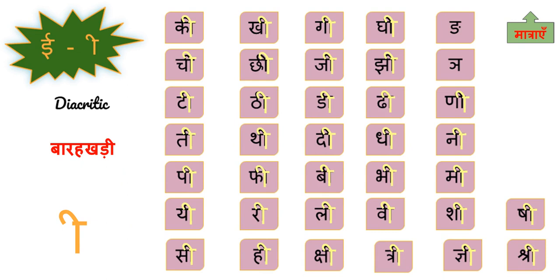And when this sound is pronounced, it will take 2 eye blink moments. K plus badi E ki matra की. ख में बड़ी ई की मात्रा खी. ग में बड़ी ई की मात्रा गी. घ में बड़ी ई की मात्रा घी, and so on.